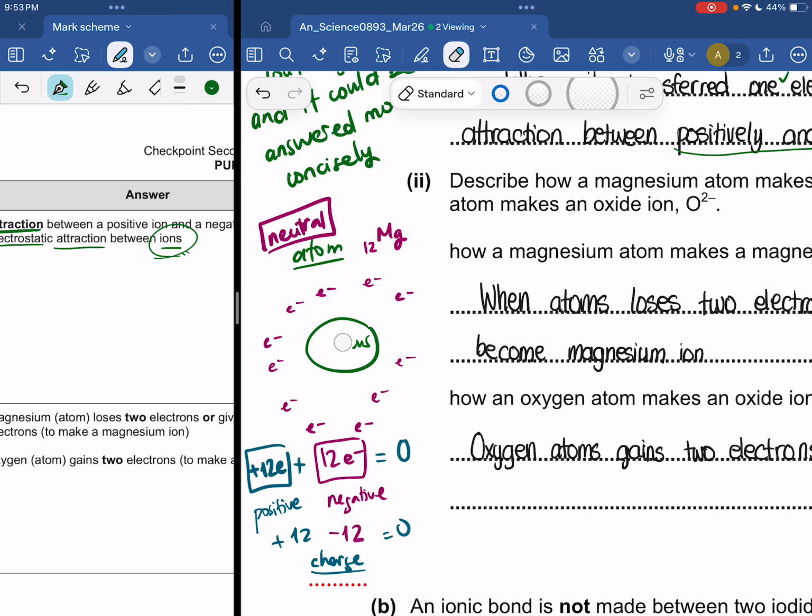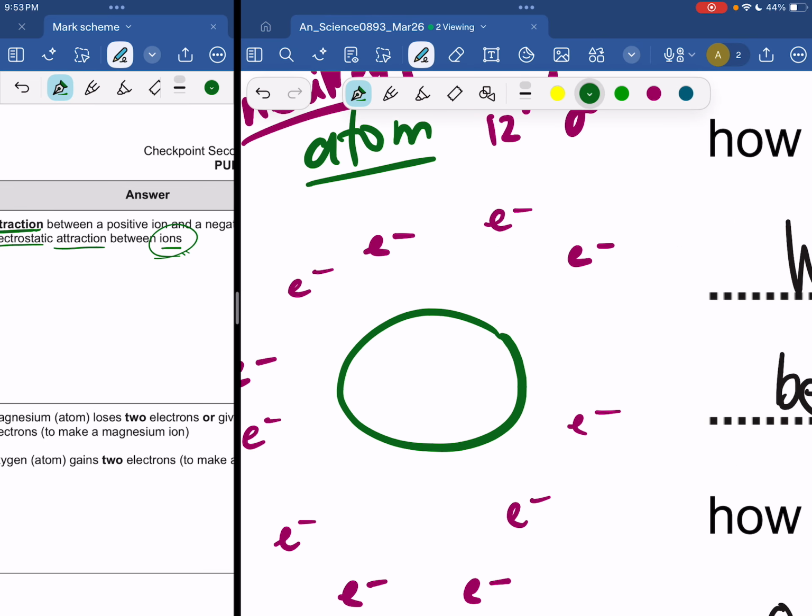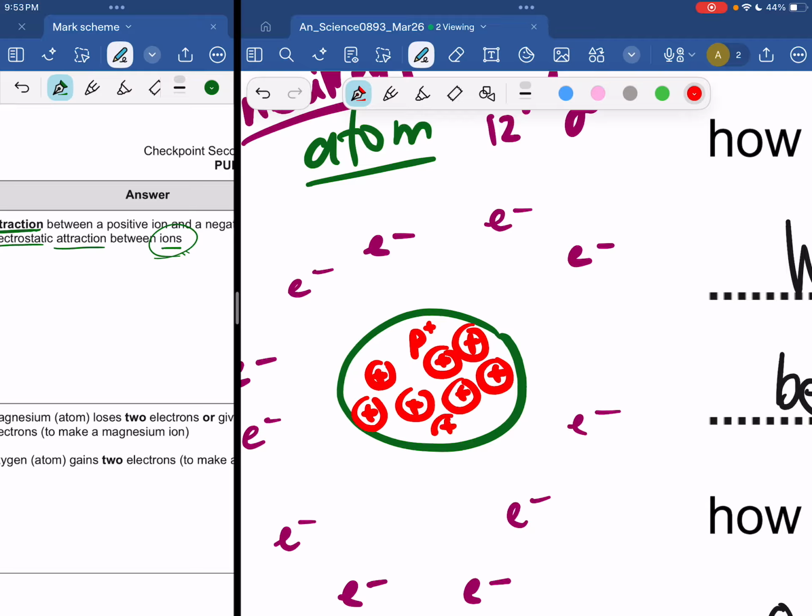Because inside the nucleus here, now I will zoom in on the nucleus, there are other particles as well. You will have the protons in here, and each proton is a plus. Okay, so we also have 12 of them: 4, 5, 6, 7, 8, 9, 10, 11, and 12.